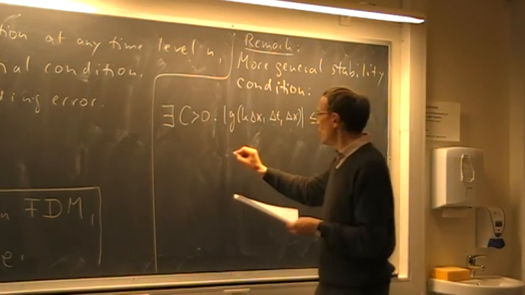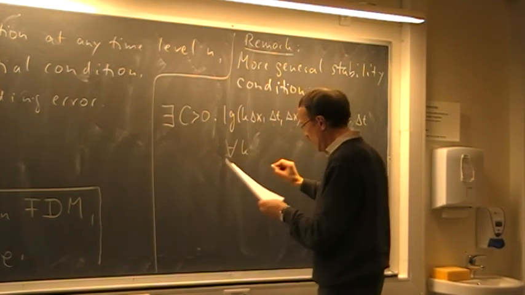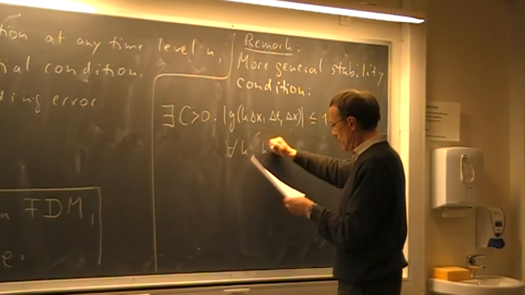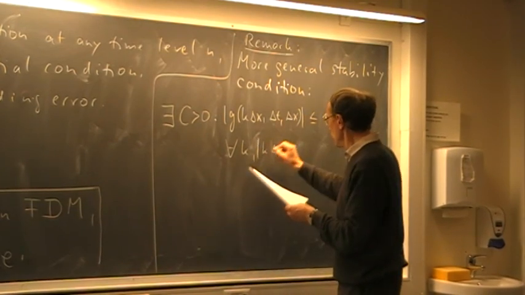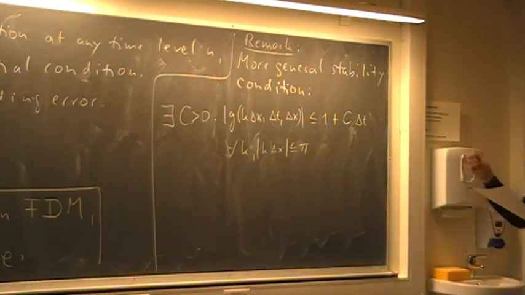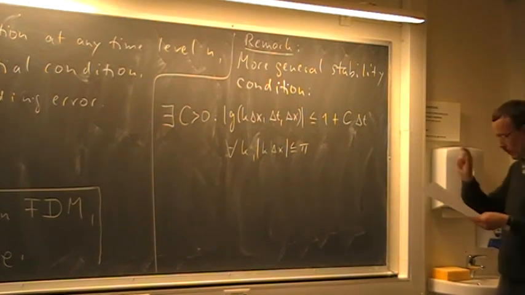If that is true for all wave numbers k for which k times delta x is smaller or equal than pi, that is all the ones that are really valid because we have periodicity, then that's all.